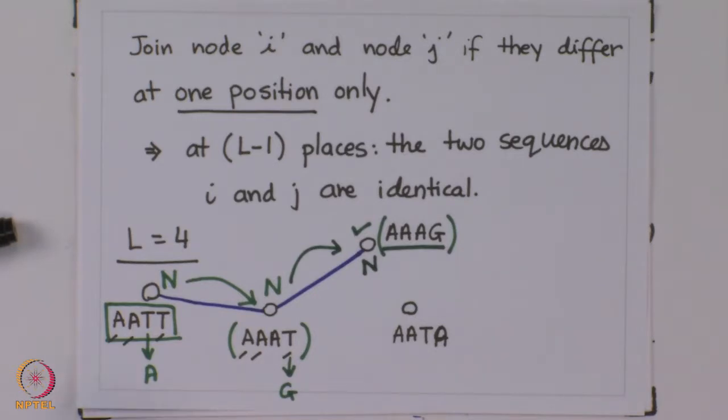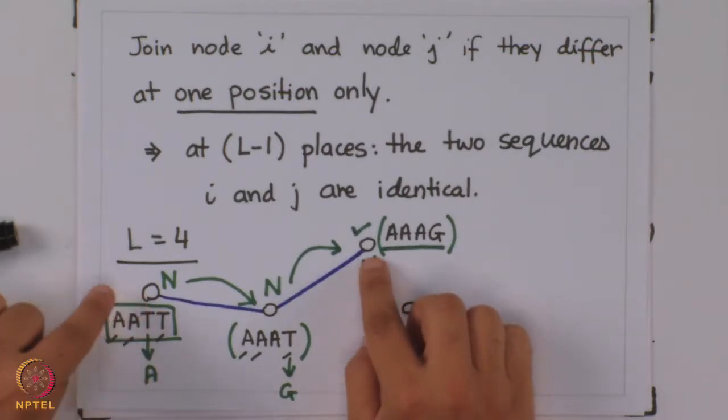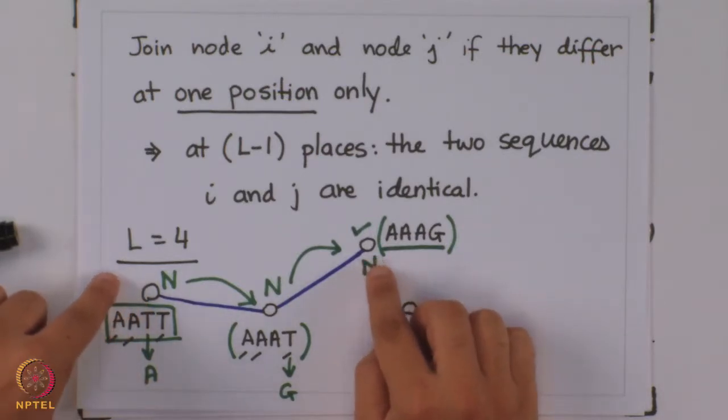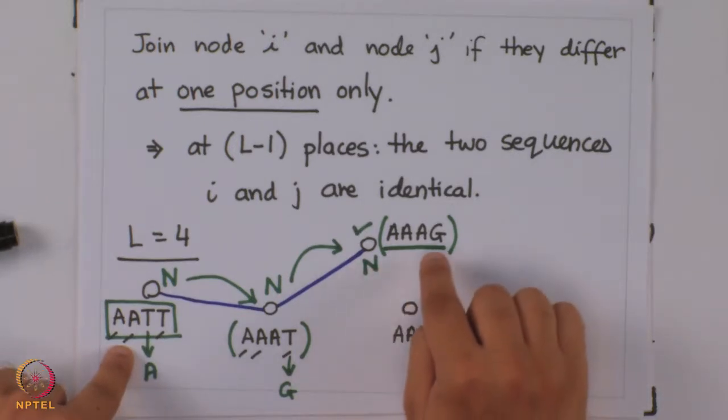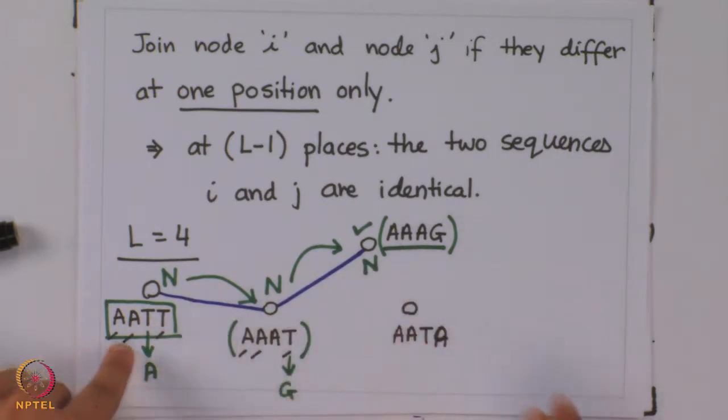So you have movement of populations taking place on this graph where each sequence is represented by a node, and nodes are connected if you can go from one sequence to another via a single point mutation. In our case, this node and this node are not connected because you cannot have a single point mutation occur to this sequence and automatically reach this sequence. You need to go through an intermediate sequence and hence approach that one.